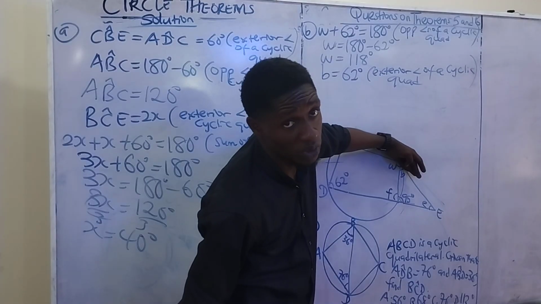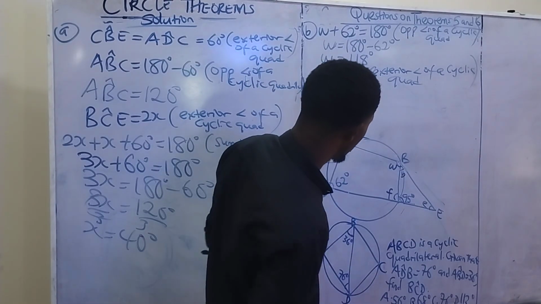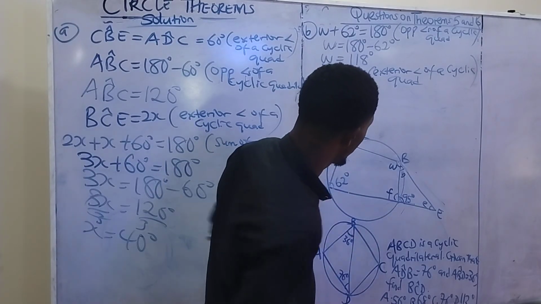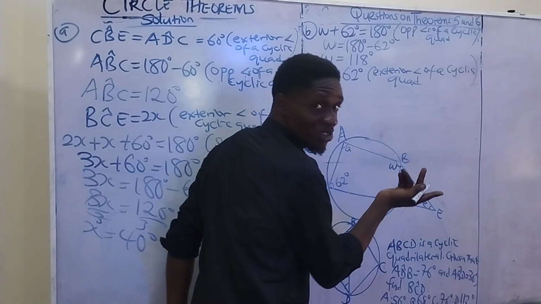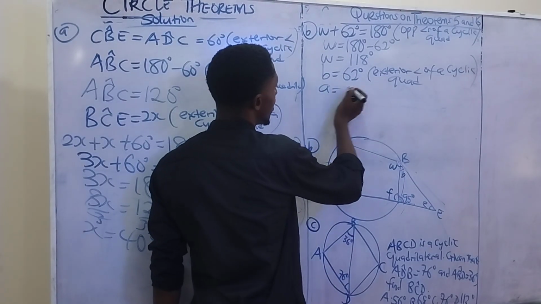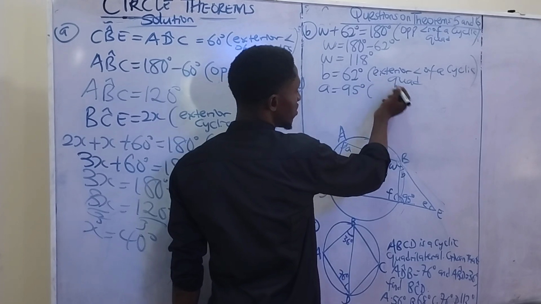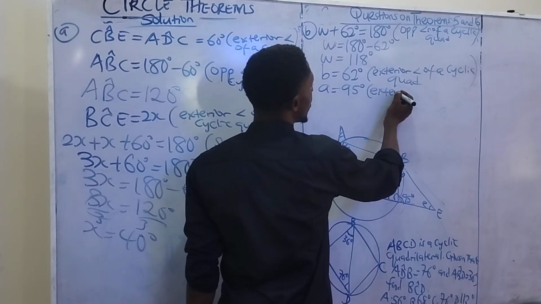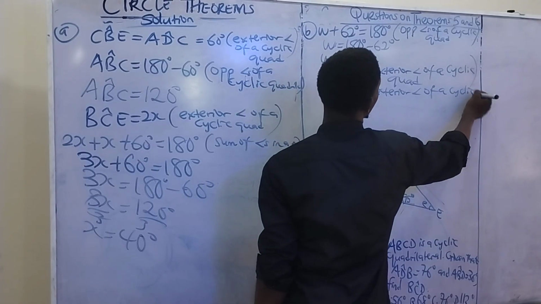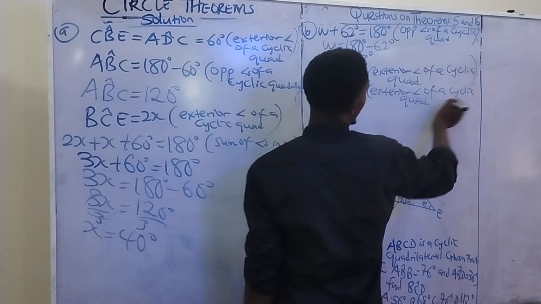This was not drawn very well. Do you understand? Okay. Then the next thing, we have gotten our W and our B. This A, what do you think it is going to be? This A is also equal to 95. So our A is 95 degrees. Still the same thing, exterior angle of a cyclic quadrilateral.